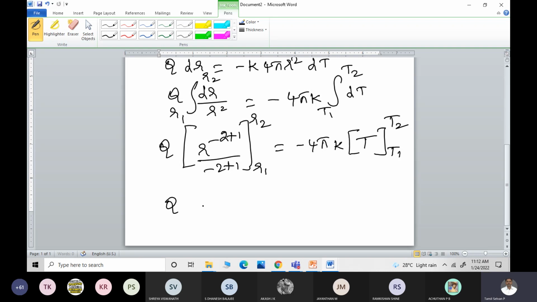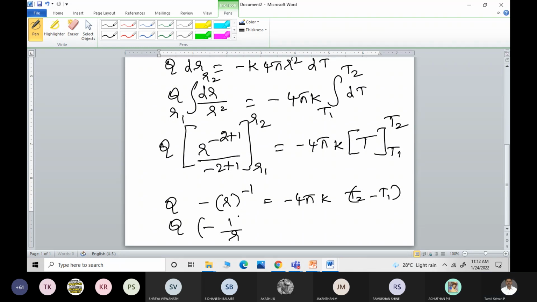Q into minus r power minus 1. So I can rewrite this: when this minus sign goes inside, this becomes Q into minus of 1 by r2, r1, which equals minus 4 pi k into T1 minus T2.